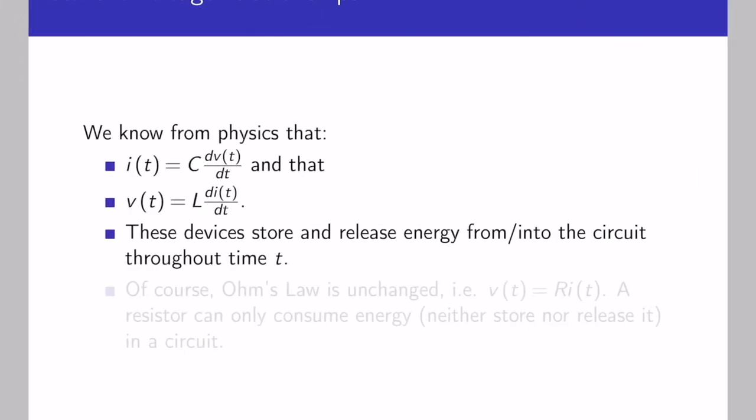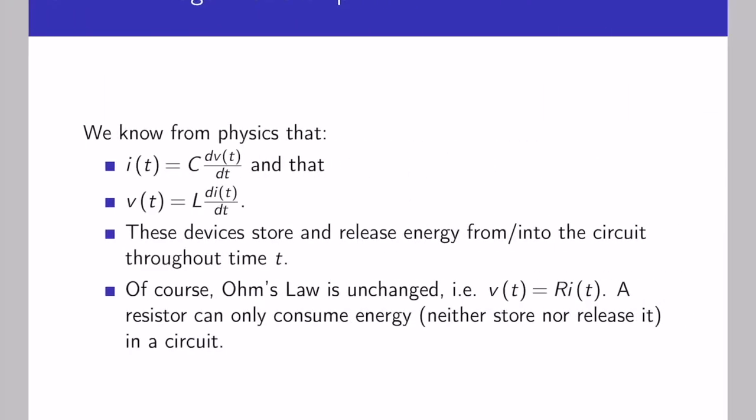Both capacitors and inductors store and release energy from and into the circuit over a period of time t. Ohm's law, of course, remains unchanged. For a resistor, we still have V(t) = R times I(t). Remember that a resistor can only consume energy. It cannot store it, nor can it release it.